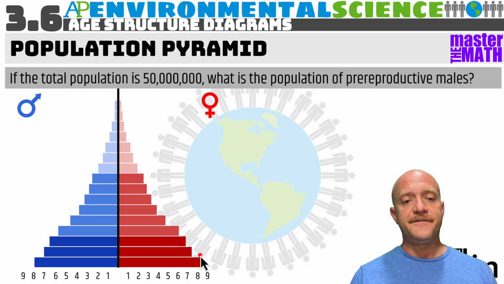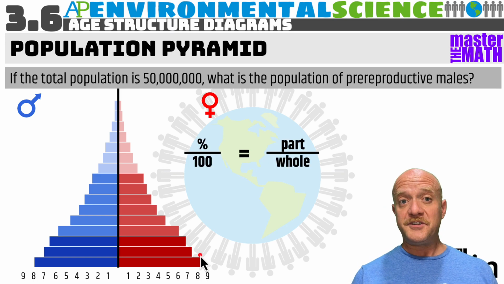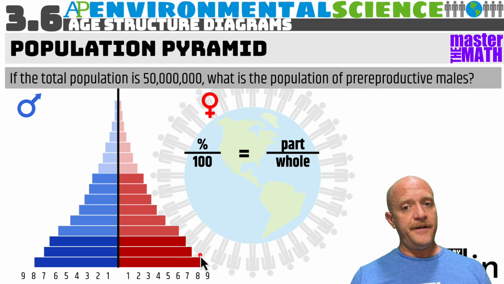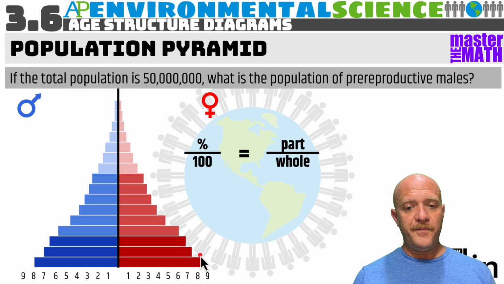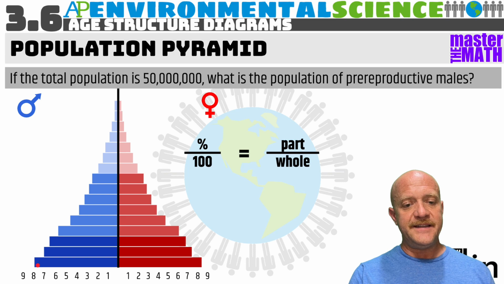Now the question reads, if the total population is 50 million, what is the population of pre-reproductive males? So what we want to do is look at the proportion that we're going to be setting up. We have the percent over 100 equals part over whole. Theoretically, whenever you're looking at one of these, if it's in percentages, if we add up all of these little numbers, you will get 100%.